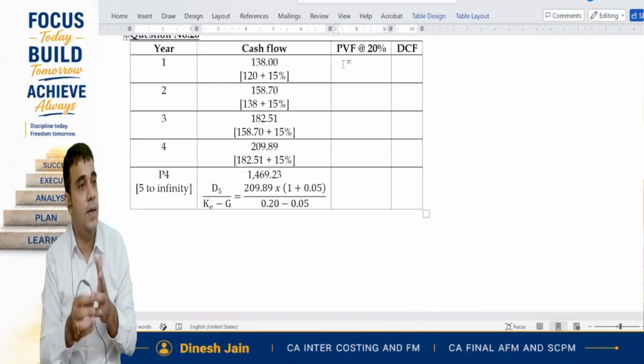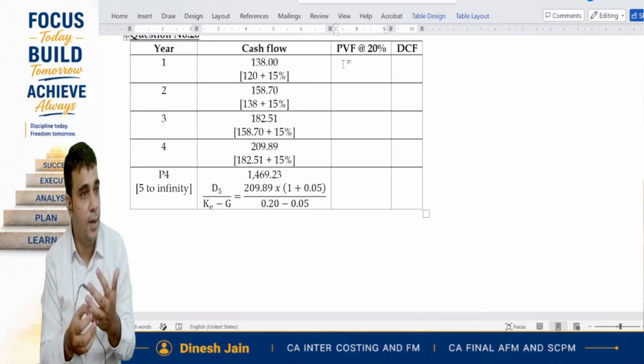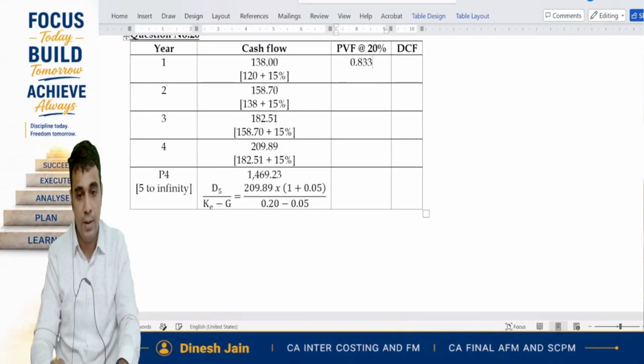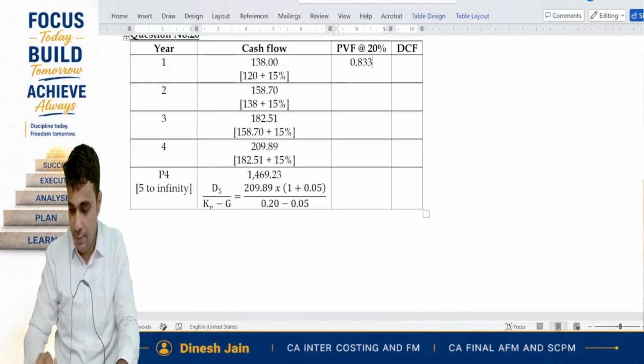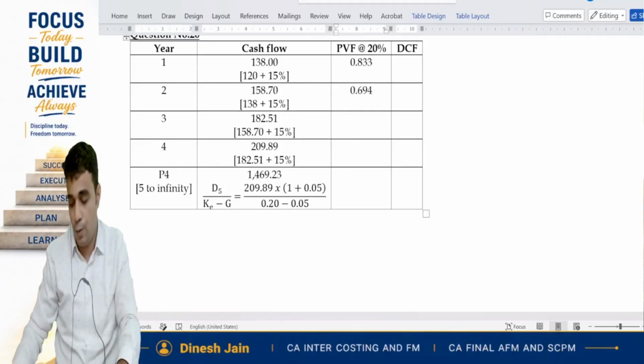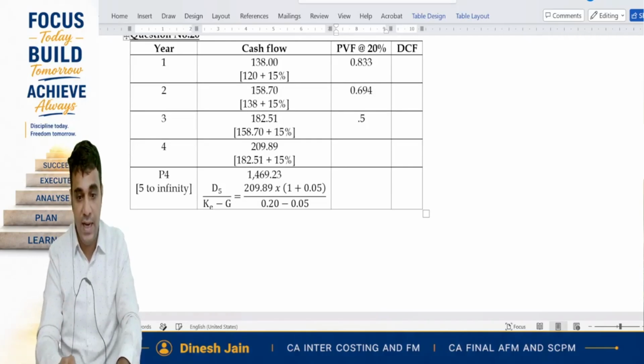Discount factors and all we learned earlier. I hope you remember it. 1 divided by 1.2. How much? 833. Then 694. 579.